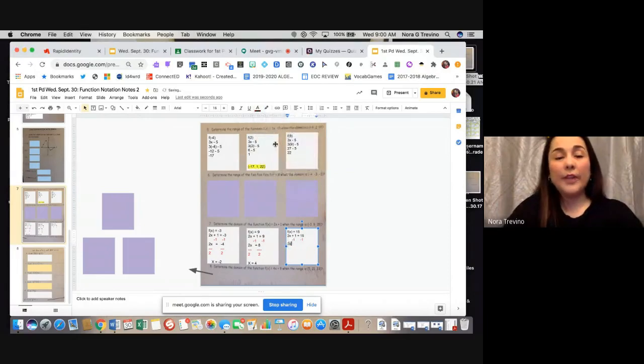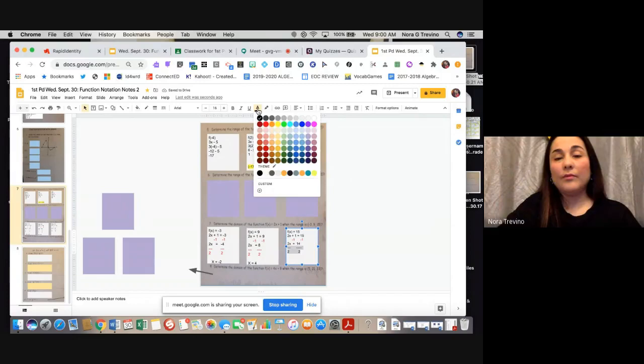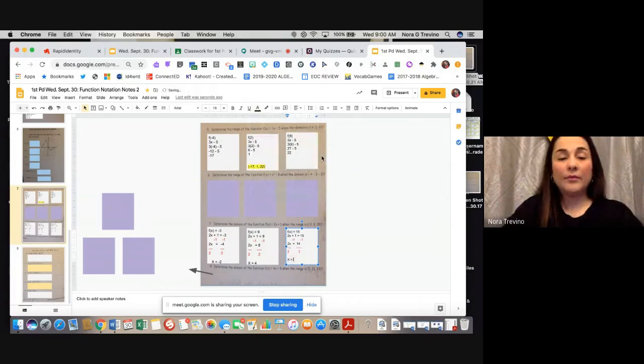You're going to end up with 2x equals 14. And then you divide by 2. So you'll get x equals 7.